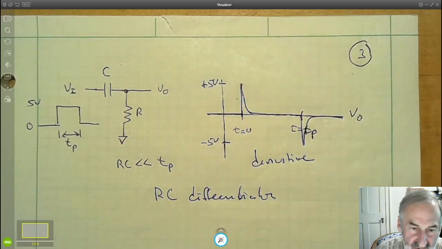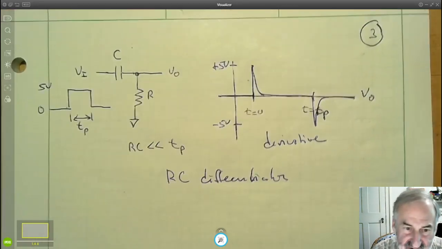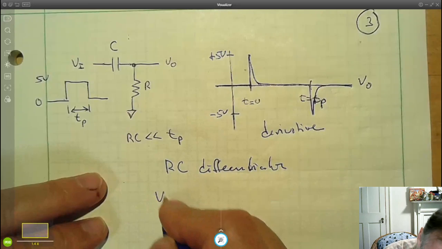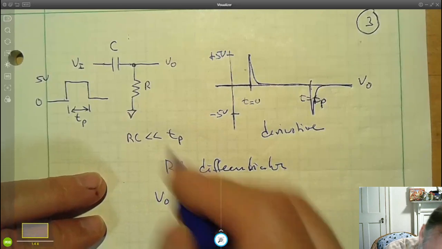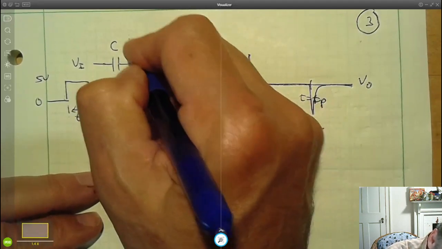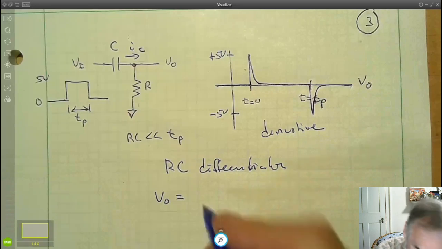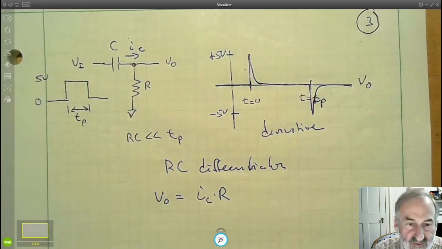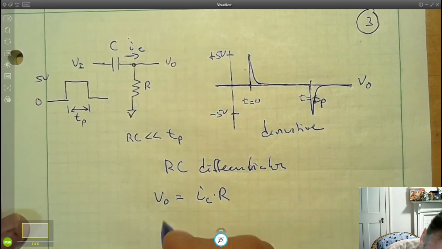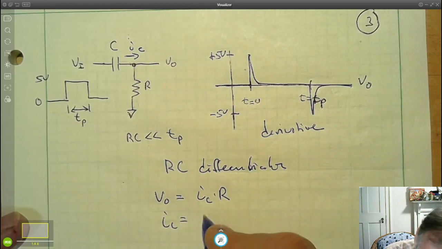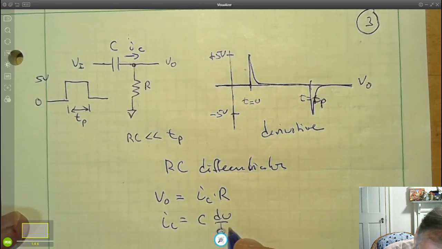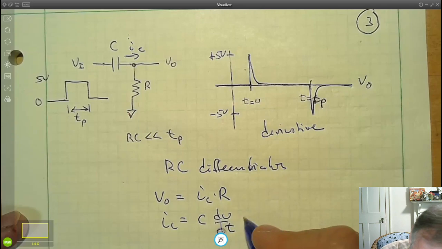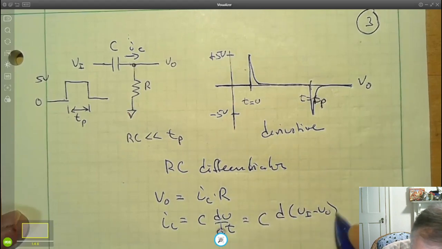And why is it a differentiator? Well, V out is equal to I sub C times R, whatever current is flowing out. But we also know that I sub C is equal to C dV/dt, where dV is V in minus V out.